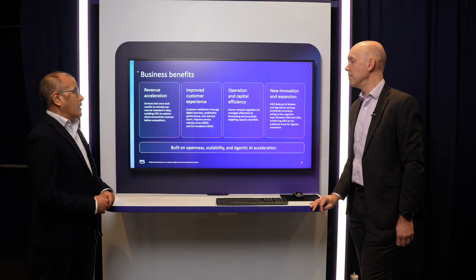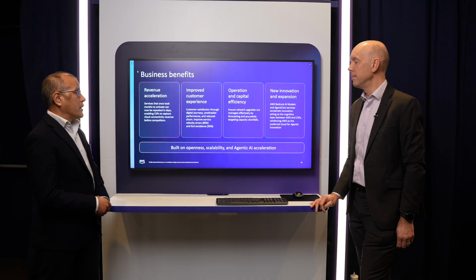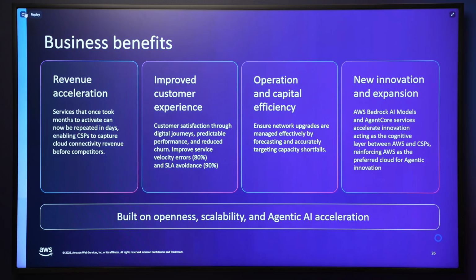I wanted to highlight some of the benefits that we have from this demo solution. First is revenue assurance, because we are able to do the quick provisioning of the services, and the improved customer service based on the need of the customer can be met, and also the SLA can be improved quickly. And operation efficiency because of the automation.